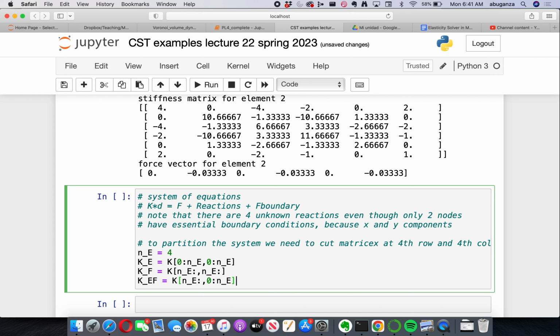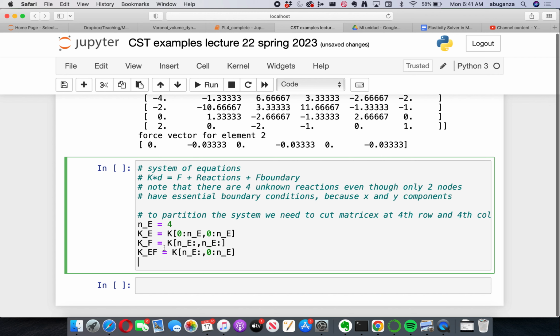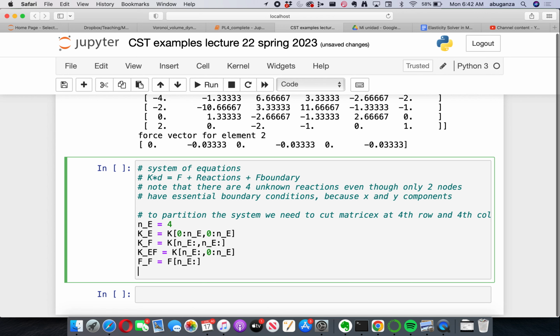So again, the partition is the same, but even though I have two nodes with essential boundary conditions, each node has X and Y. So overall, there are 4 of them. And then for the F, I also need the same. So FF is just going to be F from NE to the end.